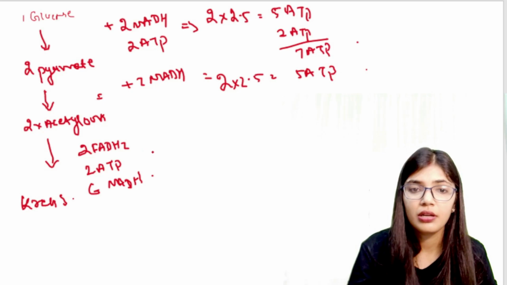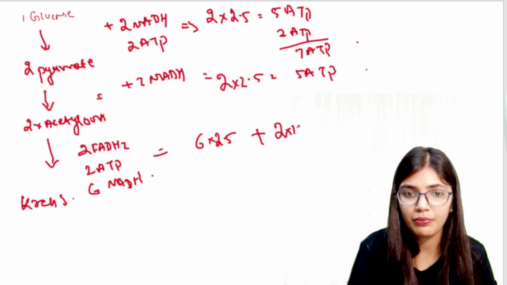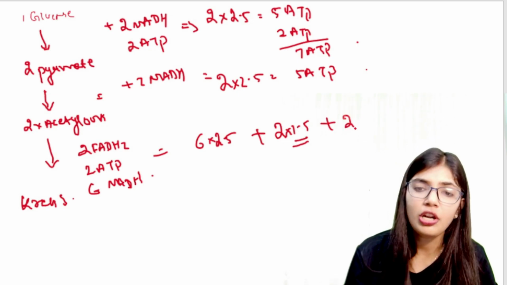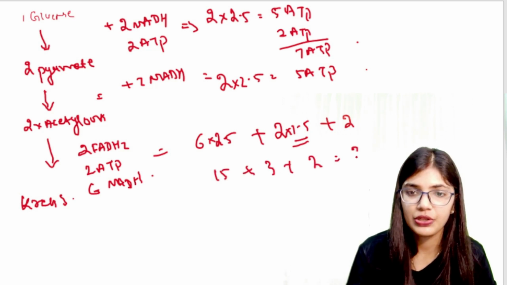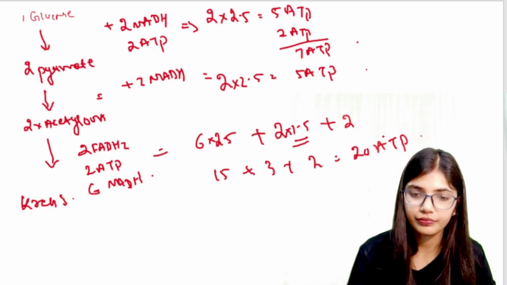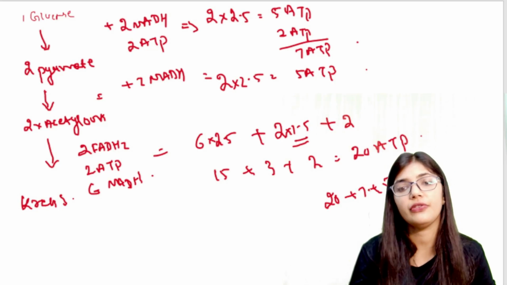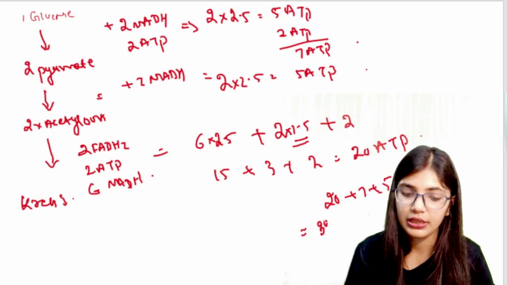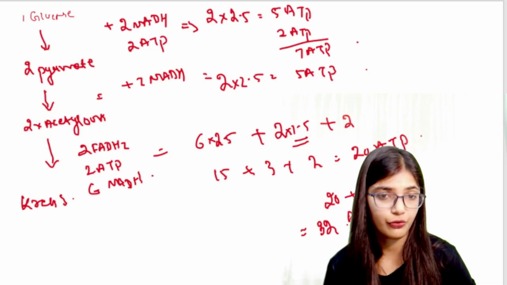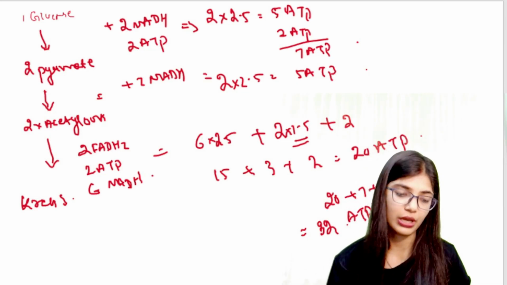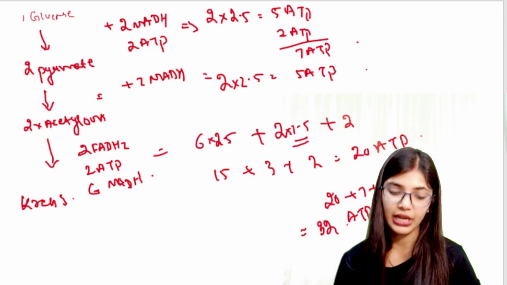So 6 into 2.5, plus 2 into 1.5 for the FADH2, plus 2 molecules of ATP. In total 15 plus 3 plus 2 equals 20 ATP. Then 20 plus 7 plus 5 is 32. So in total we got 32 molecules of ATP during the conversion of 1 molecule of glucose to pyruvate to acetyl coenzyme A, and then through the Krebs cycle.